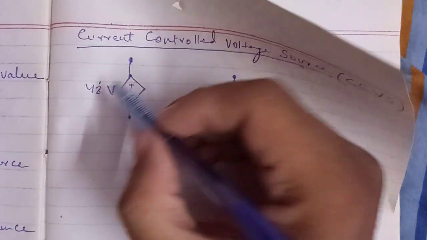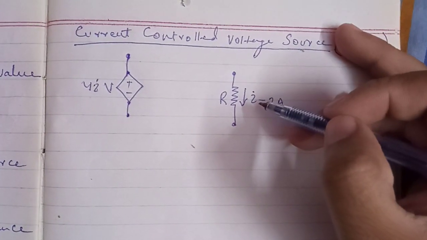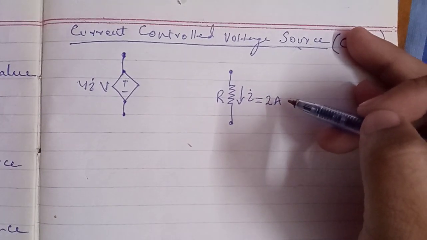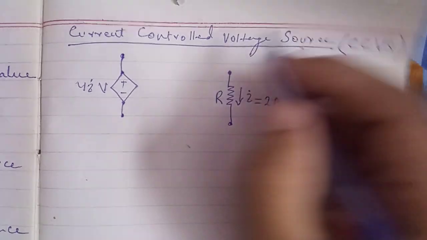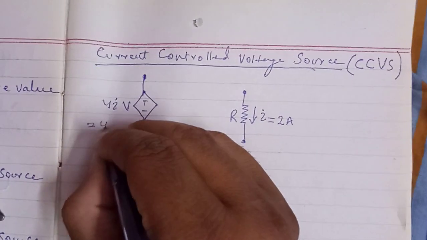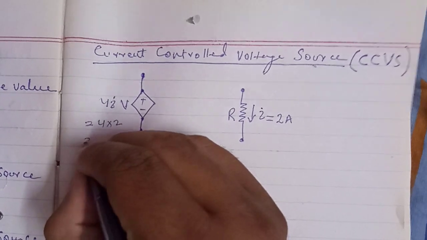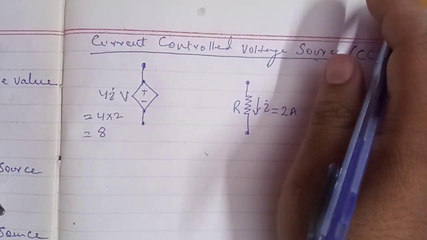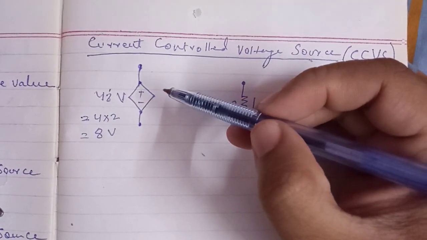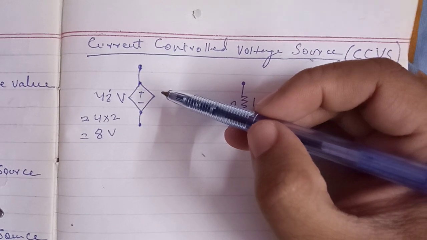What is this I? This I is actually the current flowing through this resistor, which is 2 ampere. So we put 2 ampere here, and it is multiplied by 4. 4 multiplied by 2 is equal to 8 volt. So the actual value of this CCVS is 8 volt.